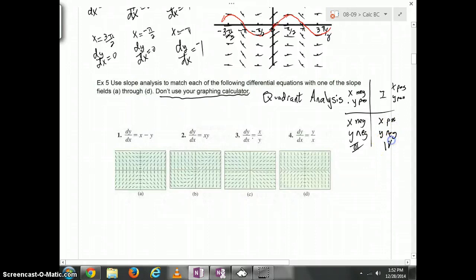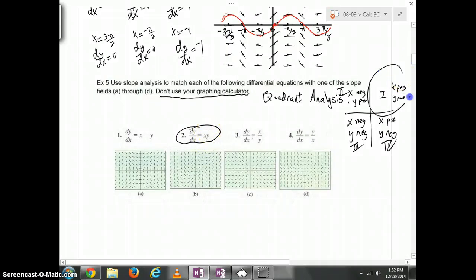And that, of course, can be helpful at times if you're doing some matching. Here's how. Let's take a look at maybe number 2 here, where we have tangent line slopes are going to be of the form of an x-coordinate times a y-coordinate, x times y. Well, we can think about it this way.